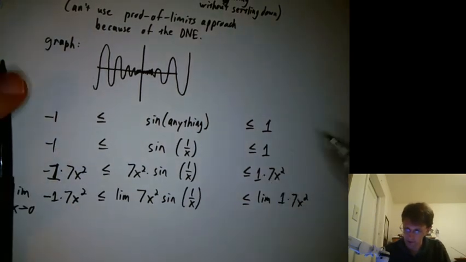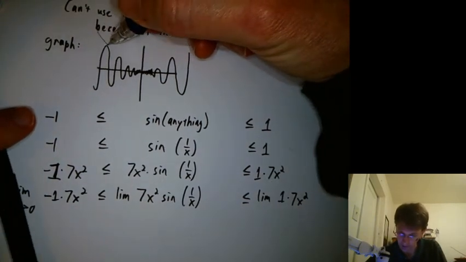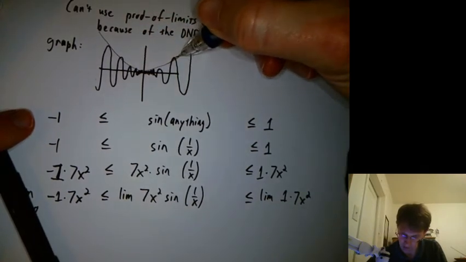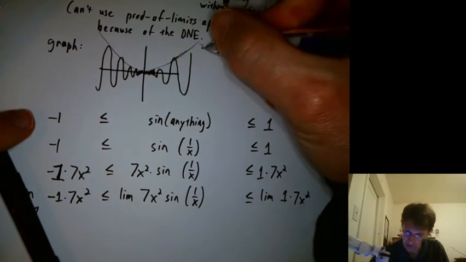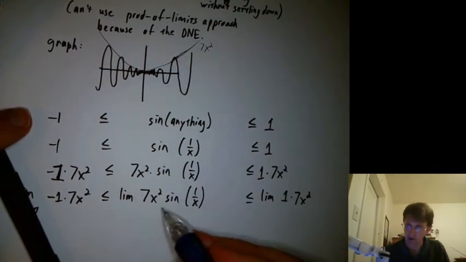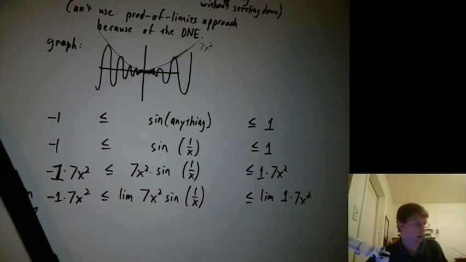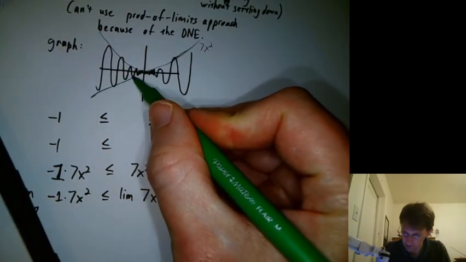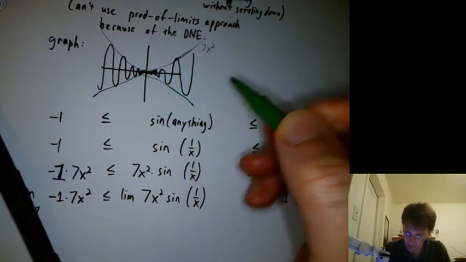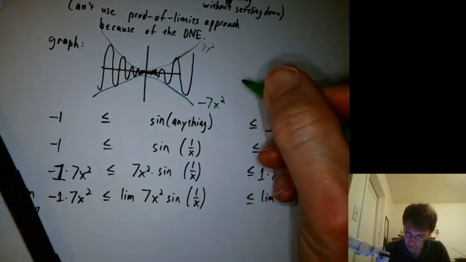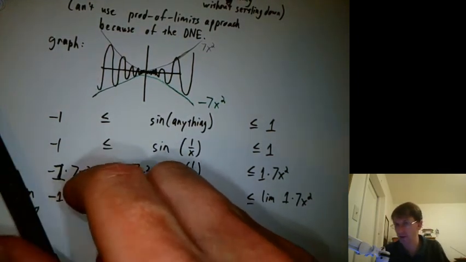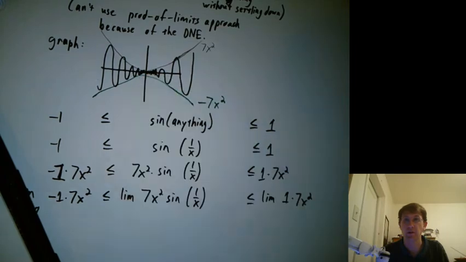What is 1 times 7x squared? That's a parabola that looks like this. Pretend it went just on that peak there. So that's 7x squared. And this curve, and we'll draw it in green, is negative 7x squared. Pretend that's a nice parabola. It's an important part here that these things have to touch in the middle to be much use for what we want to do.